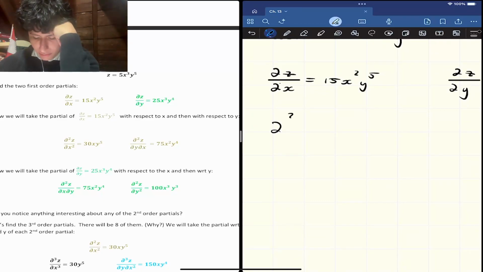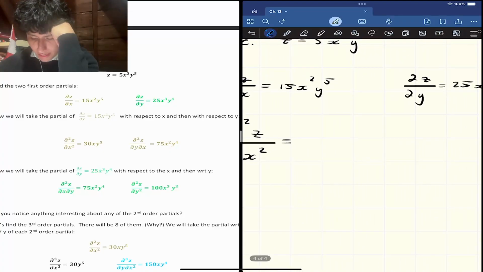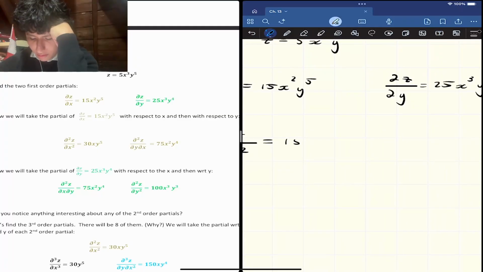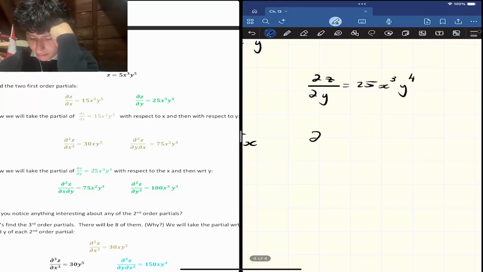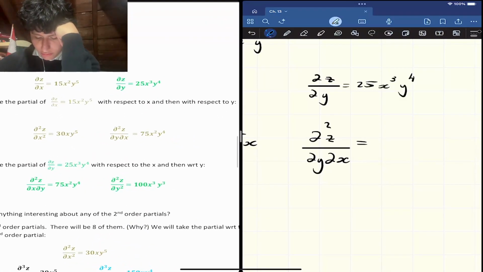So, the second partial of z with respect to x: here we know that x again becomes the, so it'd be 30 y to the 5th x. And now the partial of z with respect to y and x. That's a little interesting.